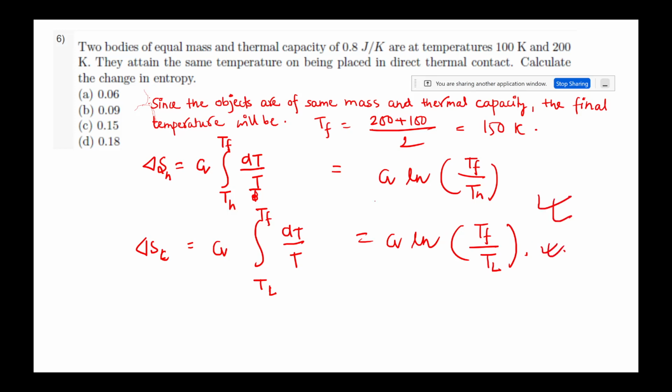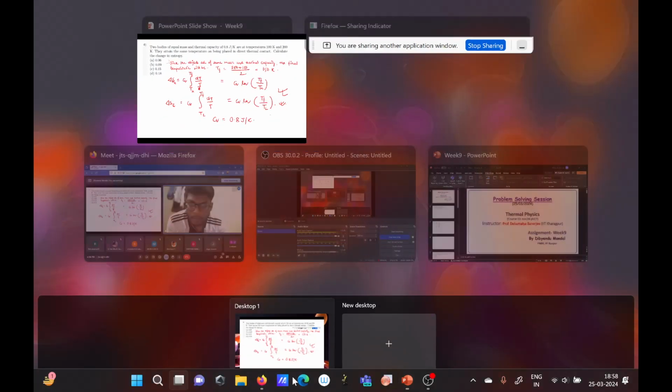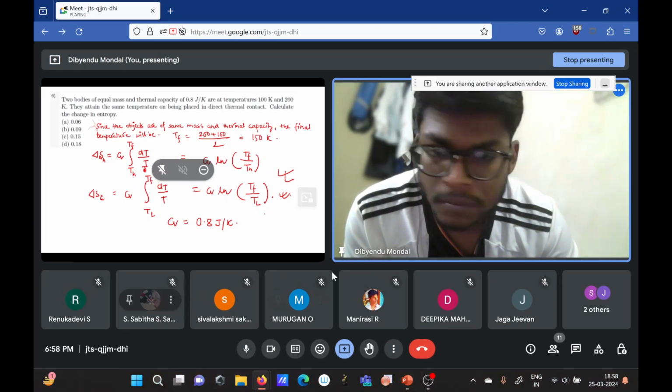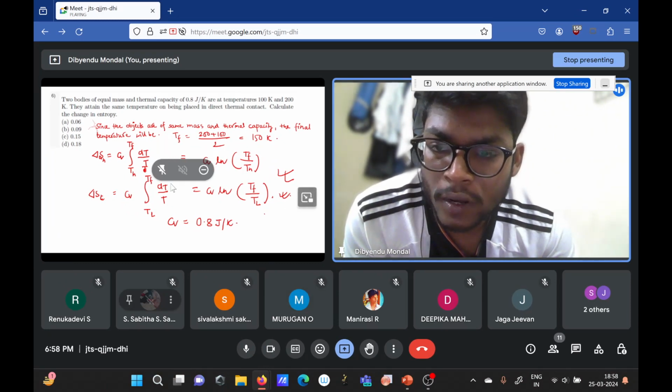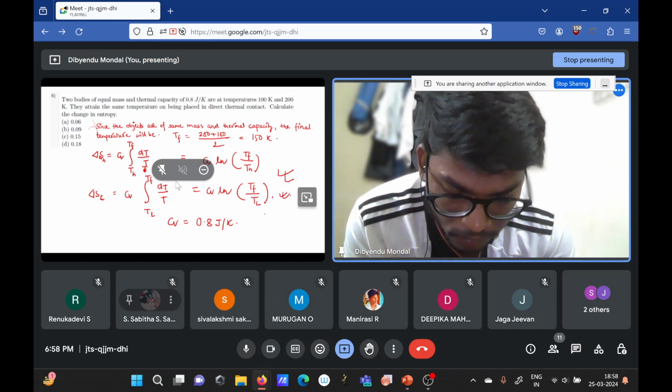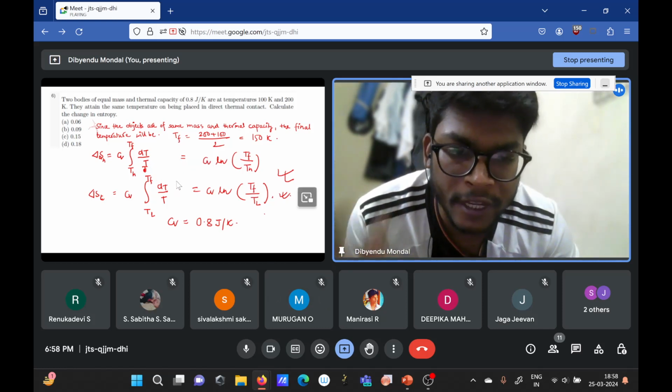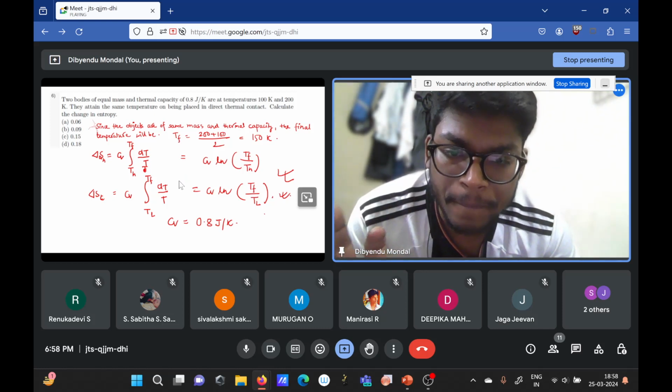Okay, so CV is 0.8 joule per Kelvin. T high is 200K, T low is 100K. After the calculations, let me know the answer in the comment box. I'll just take 1 or 2 minutes break. I have given you the formula. For one body, entropy will be negative. For one body, it will be positive. And if you add them, that will give you the final entropy. So please do the calculations.